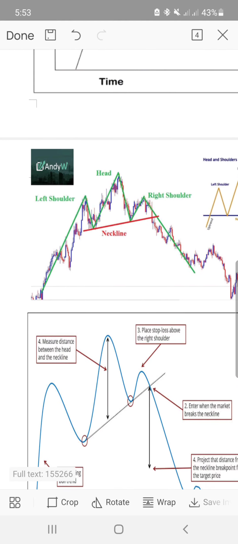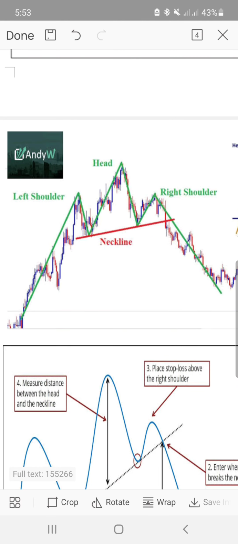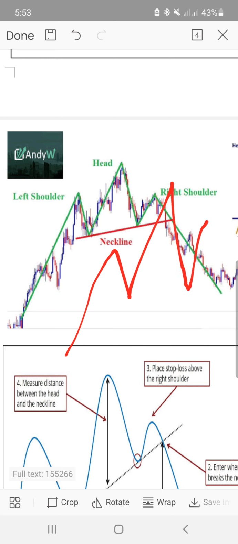Let me show you more examples, more images. And it is not compulsory that the neckline must be horizontal, straight. As you can see in this example here, the neckline is not straight, right? It is kind of slanted or diagonal. Market went up, formed the left shoulder, went down, and went up again, right, and came down and formed the right shoulder.